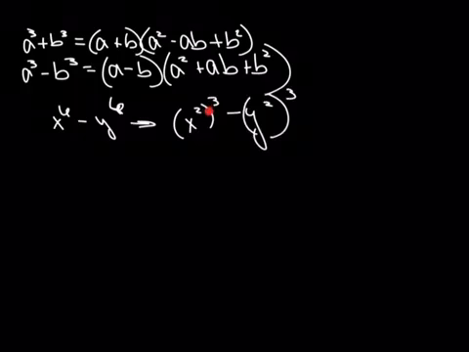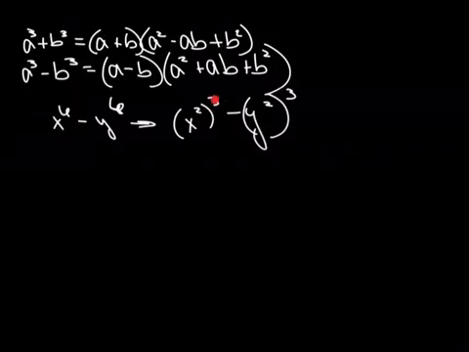I split the exponent of a 6 into a 2 times 3. So I'd have a cube there and a cube there. Now I could also write it as x cubed squared minus y cubed squared. For this, it's not going to help me to do it this way, but it doesn't matter if you make it 2 times 3 or 3 times 2. It's still a correct way of writing this here.